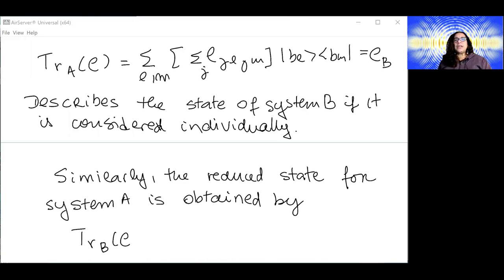And for expectation values, what we need to do is compute them the way we have seen already for density matrices.